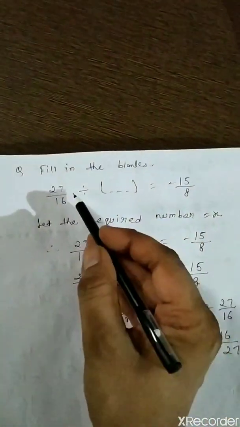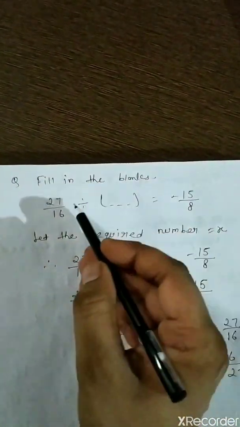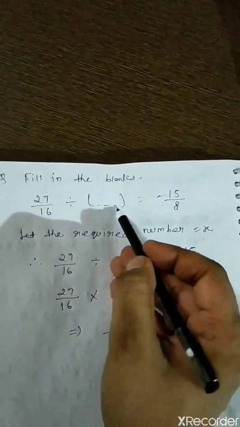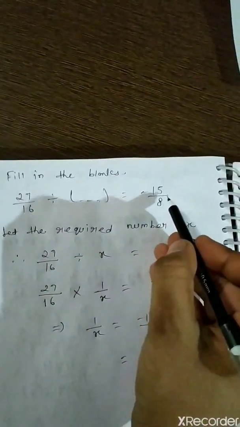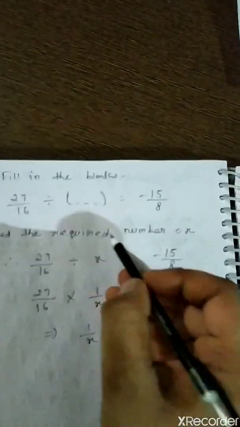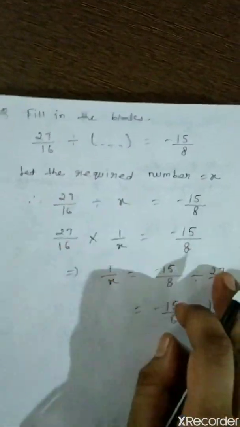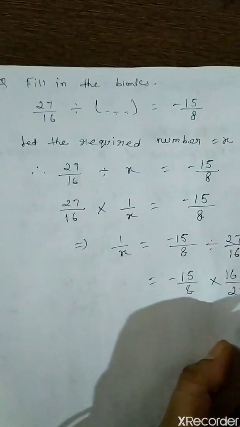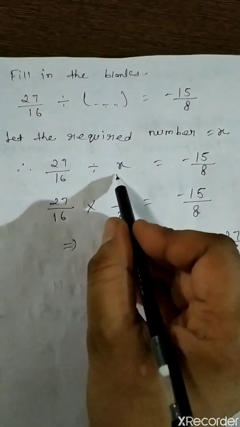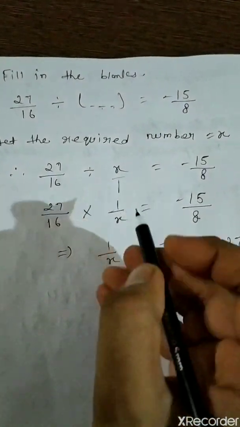Now there is one more type of question, fill in the blanks, such as 27 by 16 divided by this blank space is equal to minus 15 by 8. Then you can assume that the required number is x. Then 27 by 16 divided by x equals minus 15 by 8. Then the reciprocal of x by 1 is 1 by x.